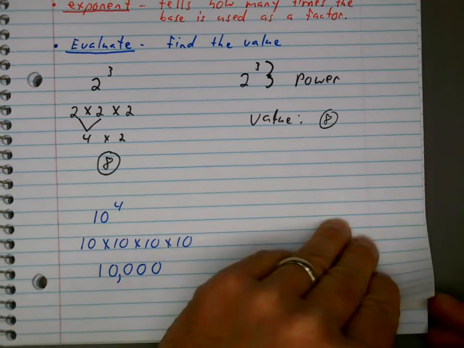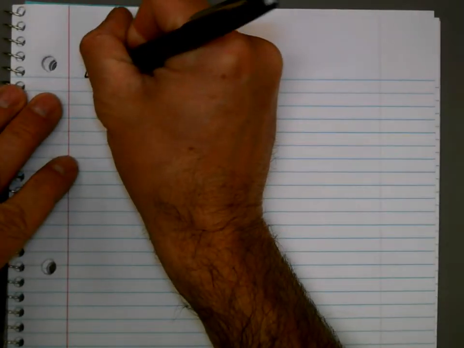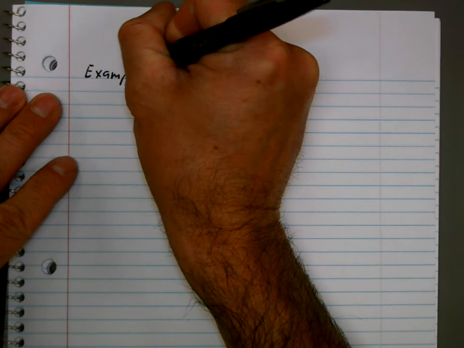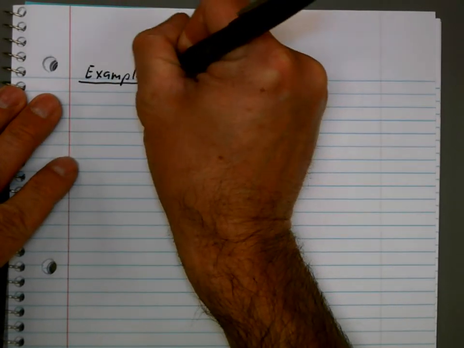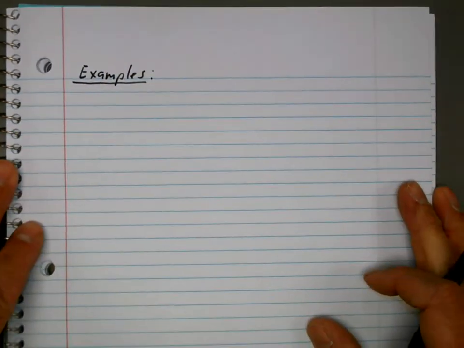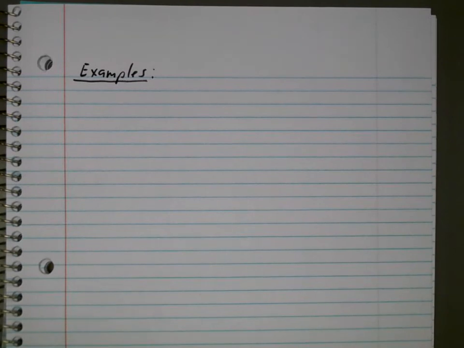So let's go and turn the page, and we're going to do a couple examples here. So right at the top of the page, I'm going to go ahead and write down examples. I'll show you what a couple of different varieties of this could look like.